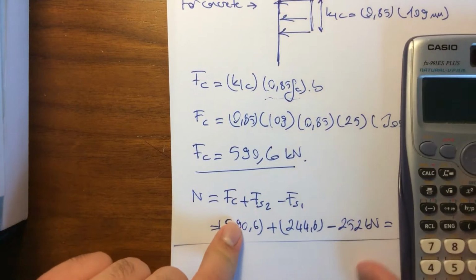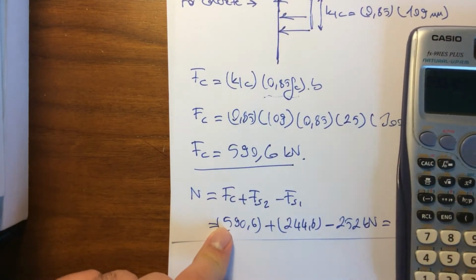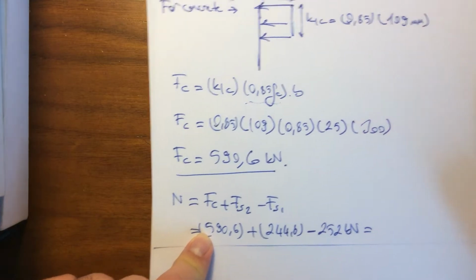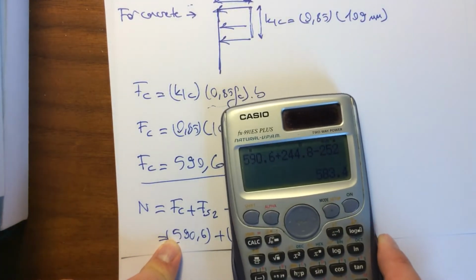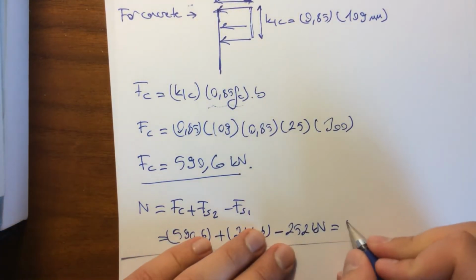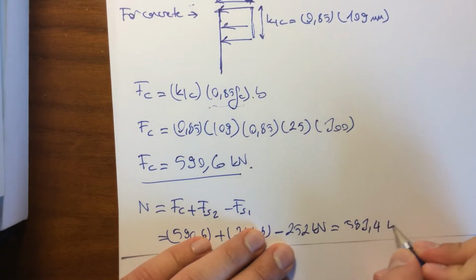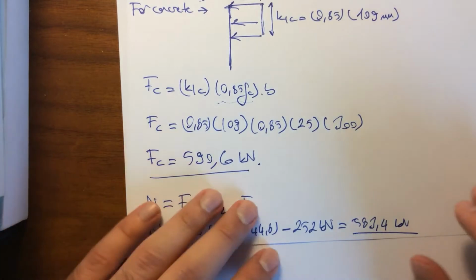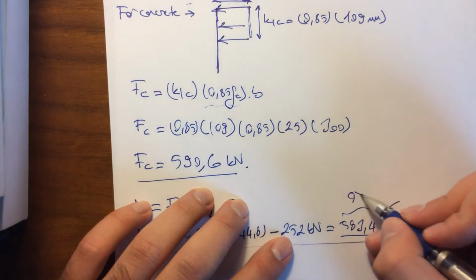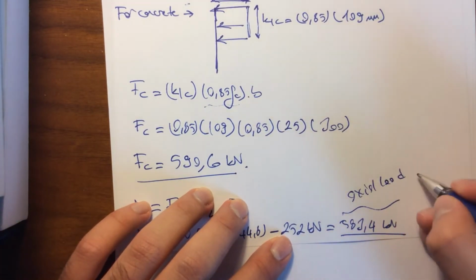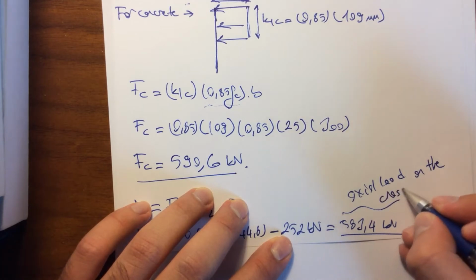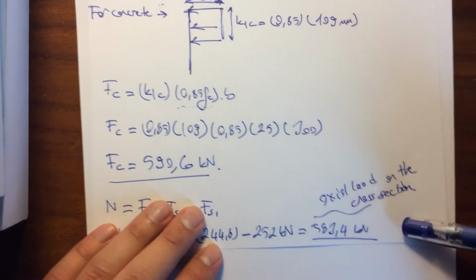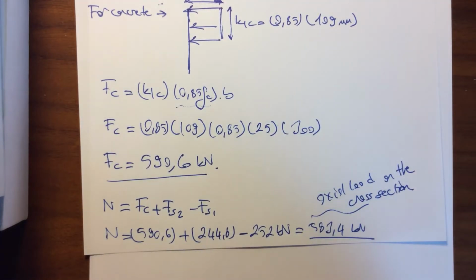So the answer would be 583.4 kilonewtons. So this is the axial force, the axial load on the cross section. This is the axial load on the cross section, and we have calculated that.